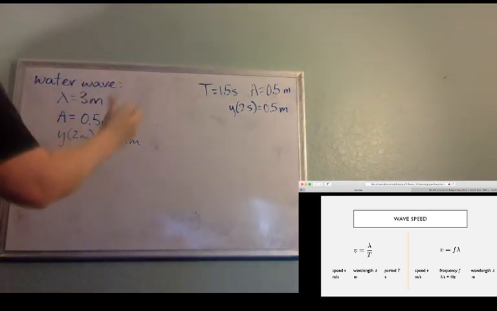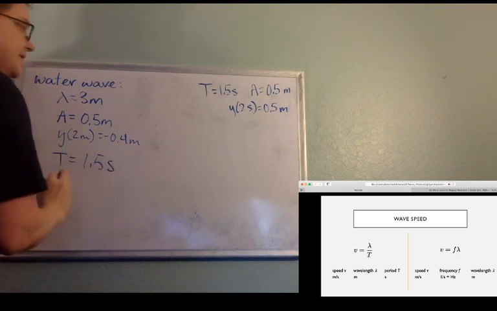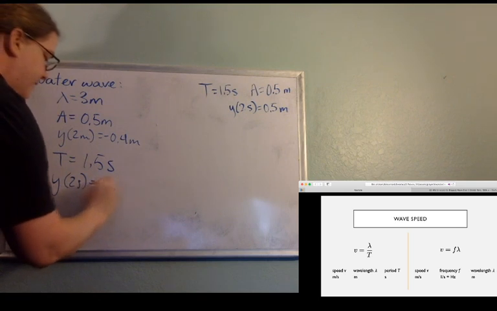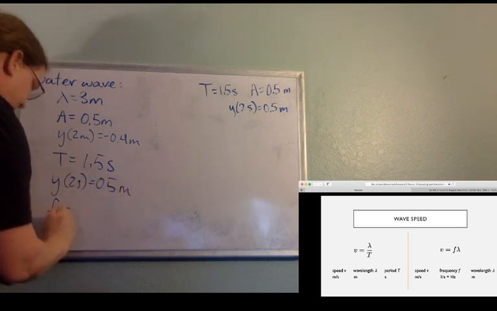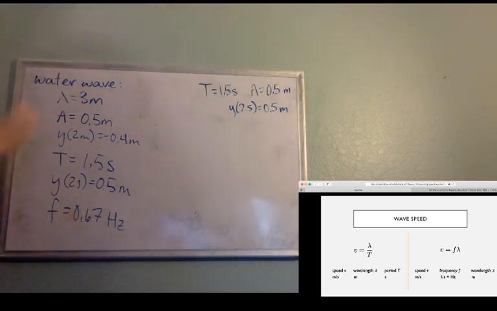We also found that the period was equal to 1.5 seconds. We saw that y of 2 seconds was equal to 0.5 meters, and we figured out that the frequency was 0.67 hertz for our water wave.